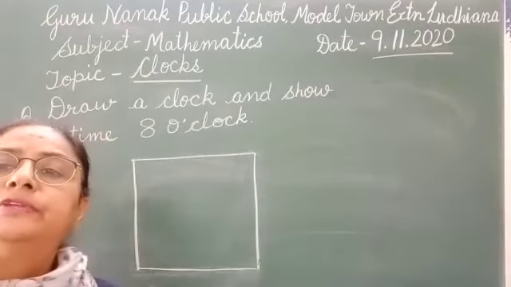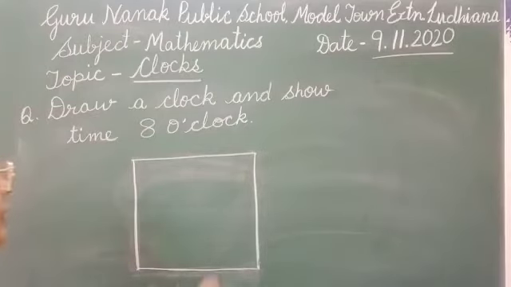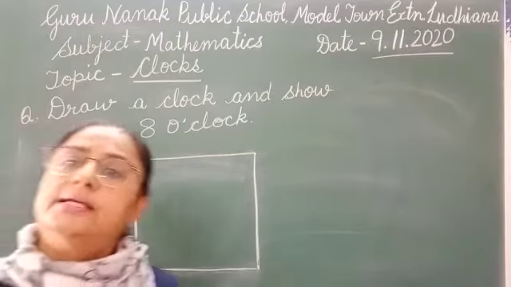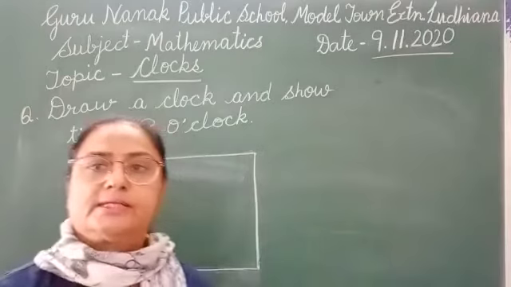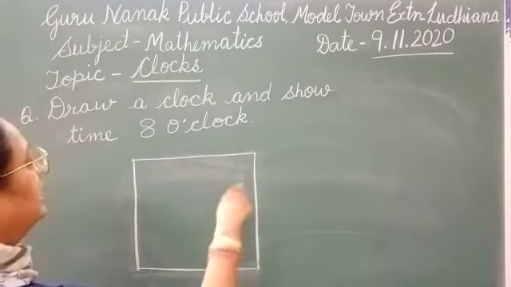Join these dots with the help of a scale. Now this is a square. All the sides are the same. 6 on this side, 6, 6 and 6. All sides are the same, 6 by 6. Now in your notebook you will see boxes here.